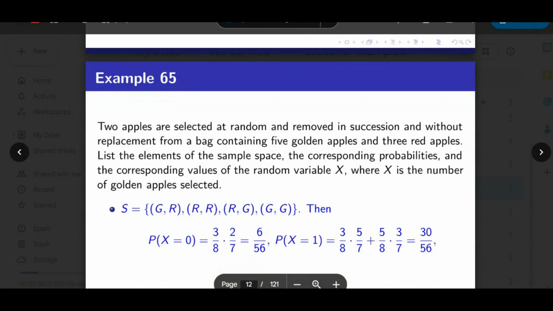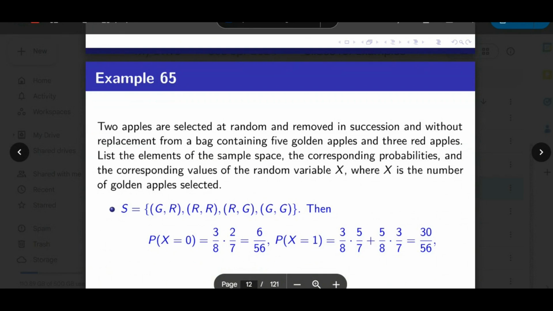Sometimes we are tempted to write that because we know there's a product involved, but the correct notation is PR1, and this is PR2 given R1. Because isn't that true? If I tell you that there's one red apple that has been removed, only then you can say that the probability that the second one I take out is red is 2 out of 7. See?